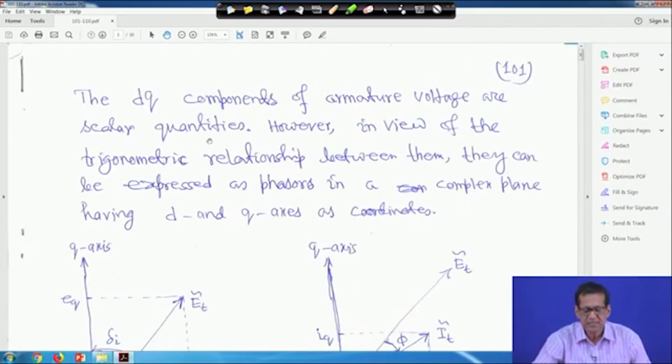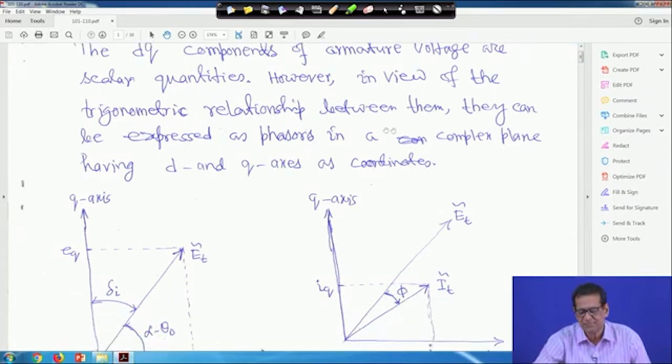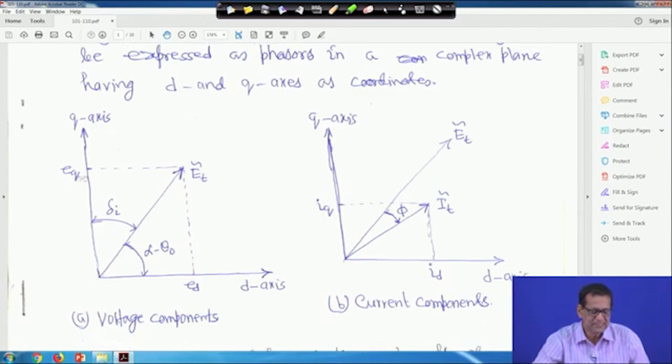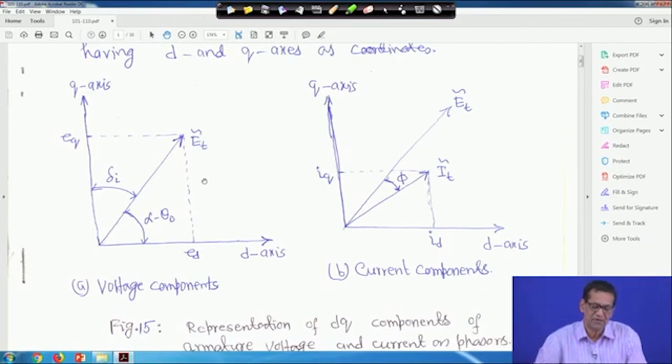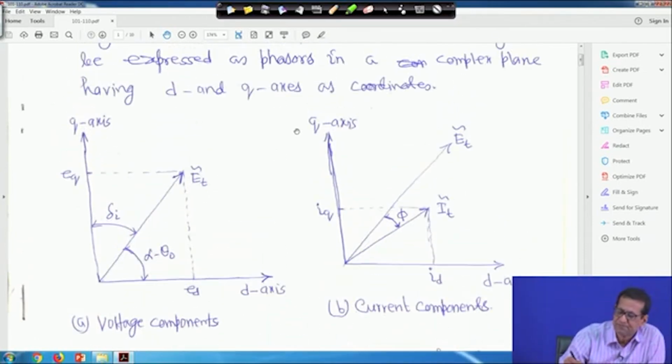Now, the dq components of armature voltage are scalar quantities, this we have seen before. However, in view of the trigonometric relationship between them, they can be expressed as phasors in a complex plane having d and q axes as coordinates, right. For example, this is my q axis and this is my d axis.